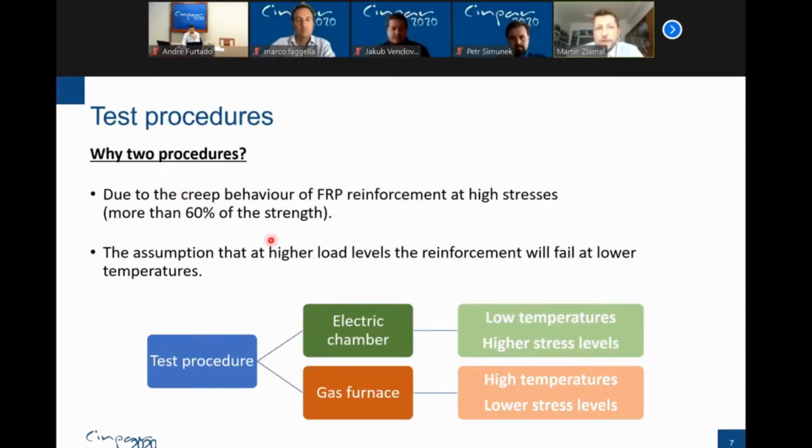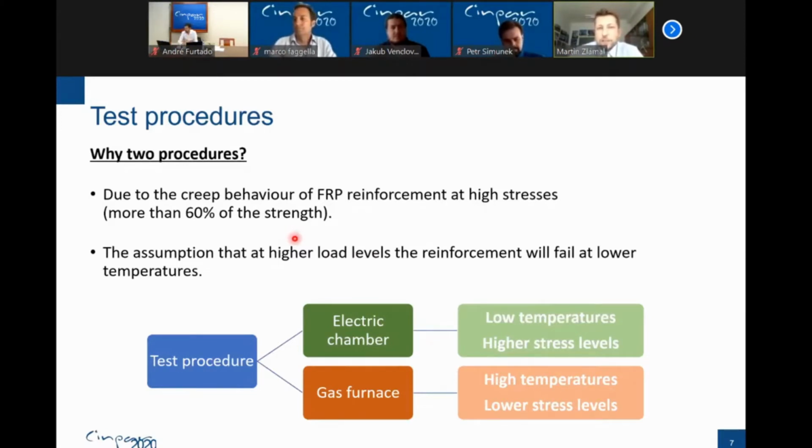We know that if the FRP reinforcement is stressed on a load level which is higher than 60% of the strength, the creep will start in a reinforcing FRP bars, and the influence of the creep will increase with the higher level of the stress in a reinforcing bars.